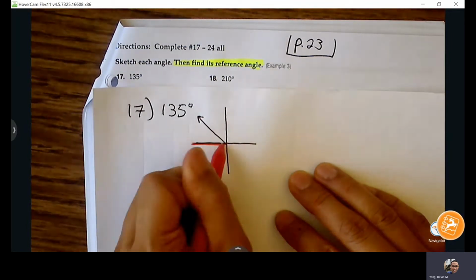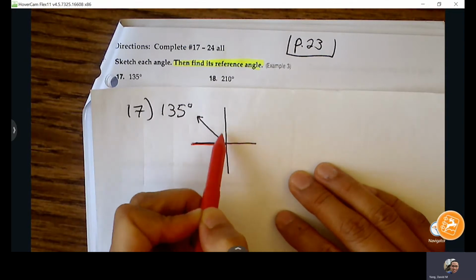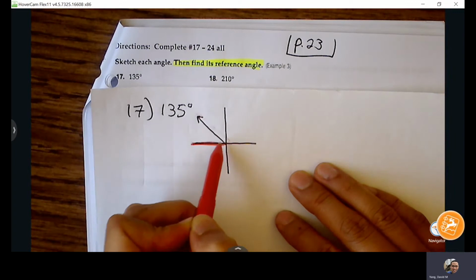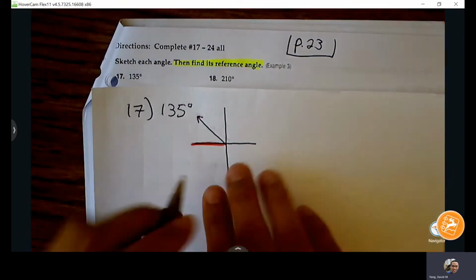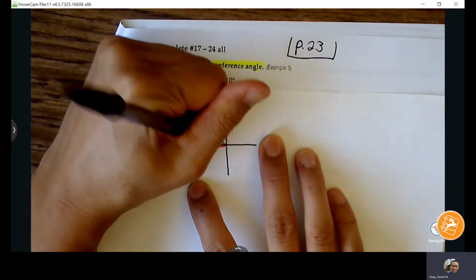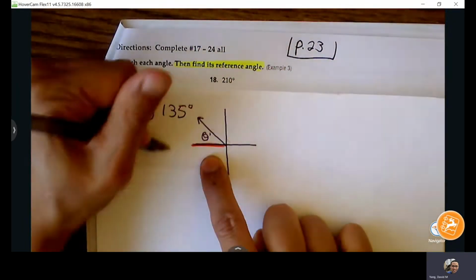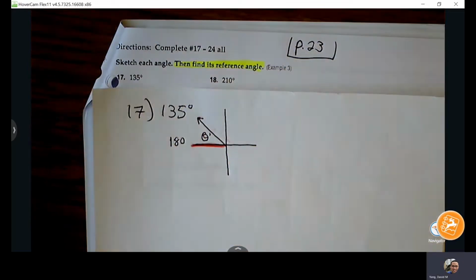Make sure that you're always involving the x-axis. Never find the angle measure with the y-axis. That's not a reference angle. It has to be between your terminal side and the closest x-axis. I'm going to call that theta prime. This is in degrees. We know this is 180 degrees, so we simply subtract those two values, and that's our reference angle.